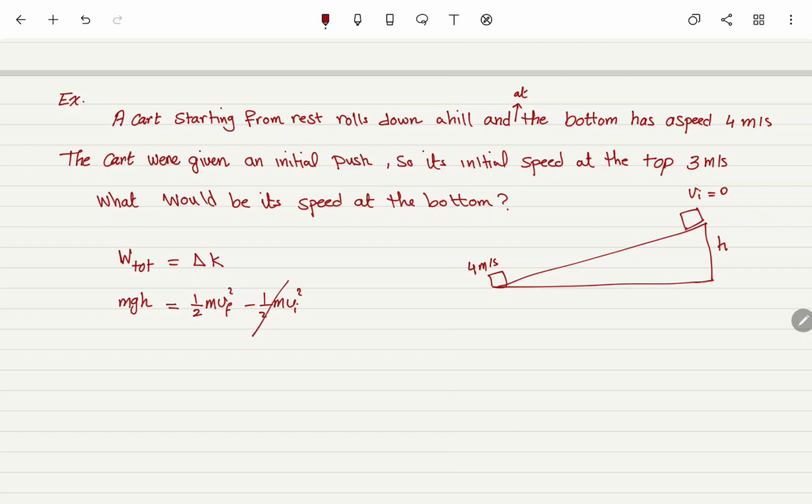Since it starts from rest, this one is equal to 0. Mass cancels with mass, so h equals v final squared divided by 2g, where v final is 4 meters per second.